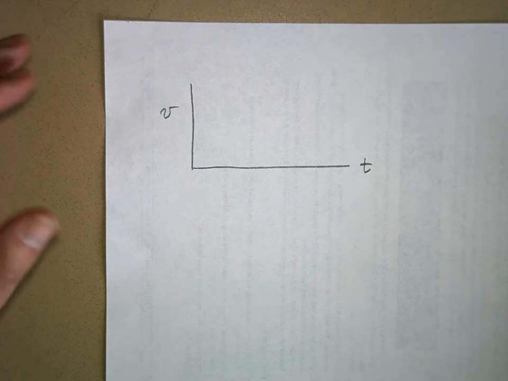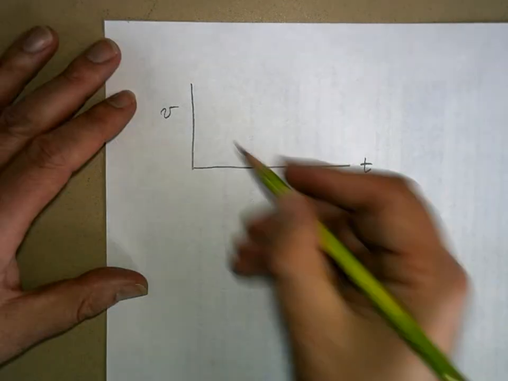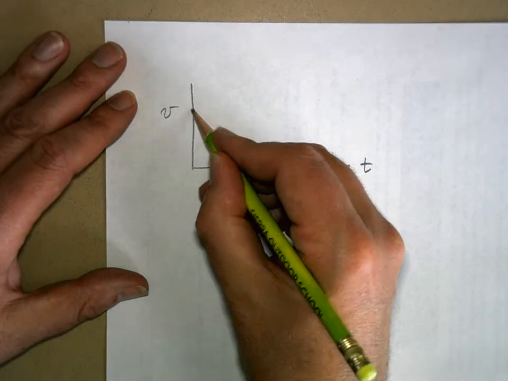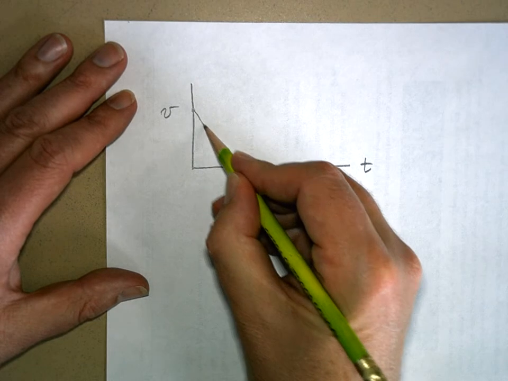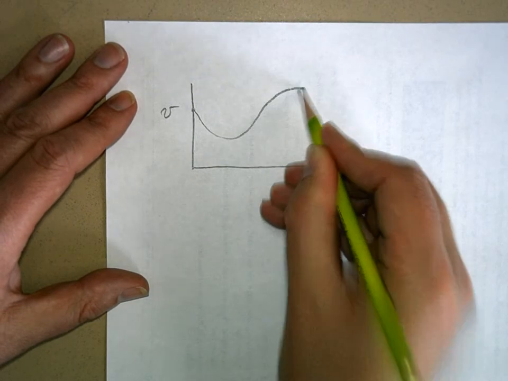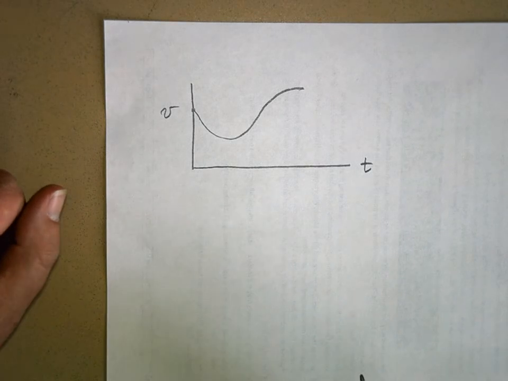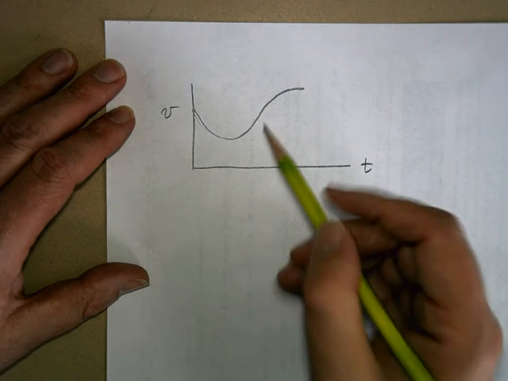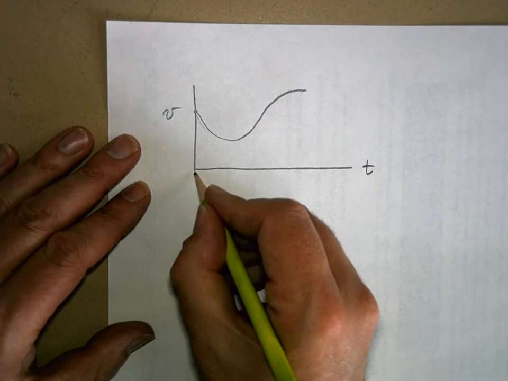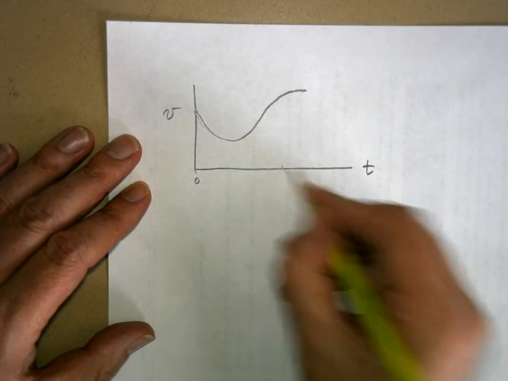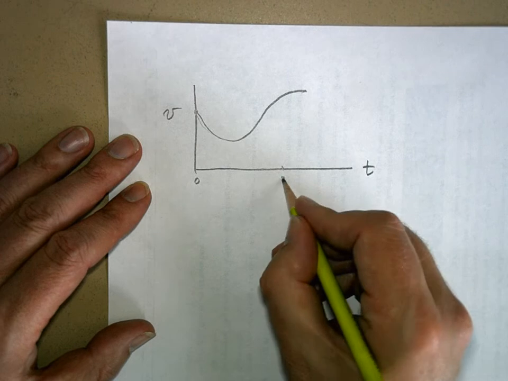So in that case, maybe we'll make this the initial velocity. It might be a nice curvy shape like that. If it's a curvy shape and you want to find the displacement, let's say from t equals 0 to t equals, I don't know, 3 seconds or something like that.